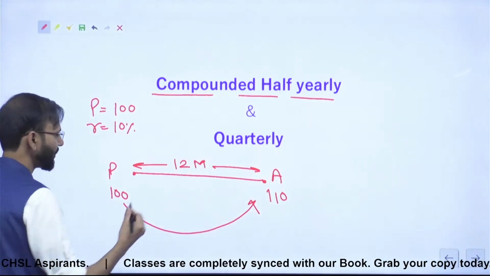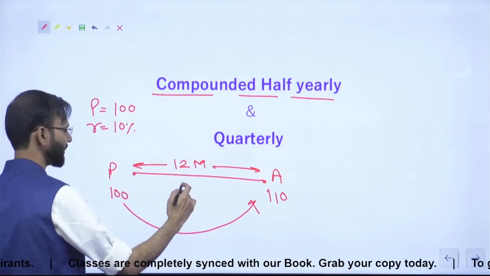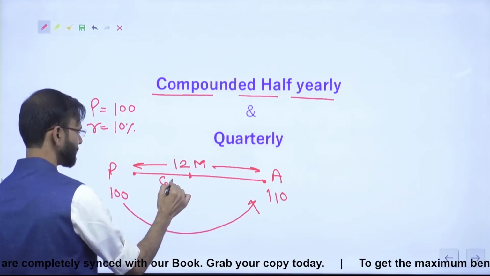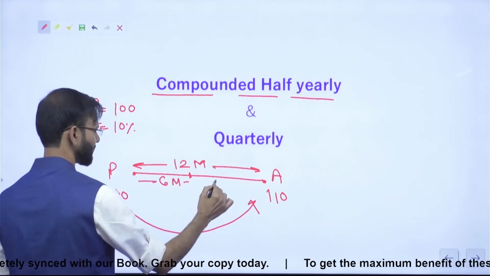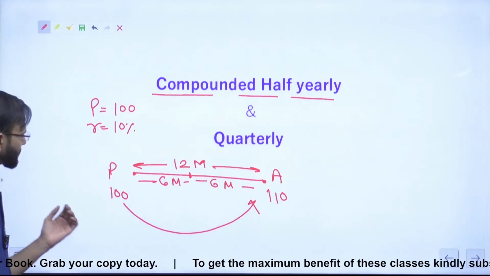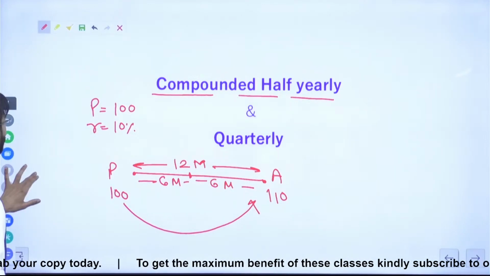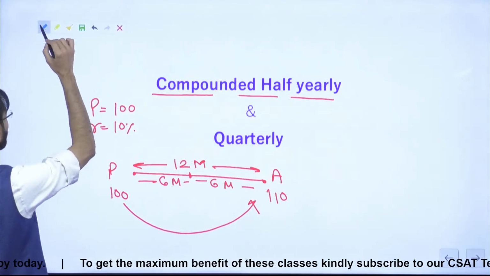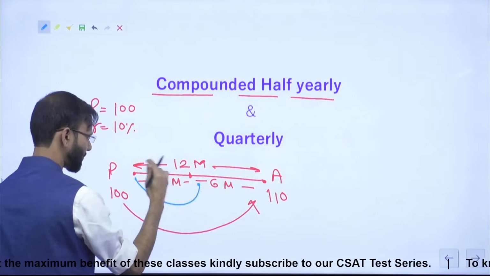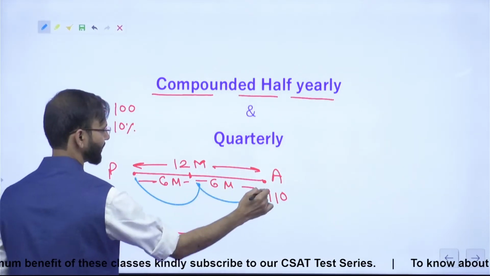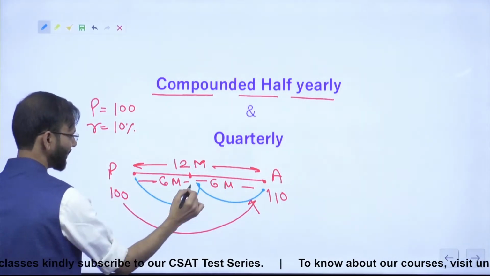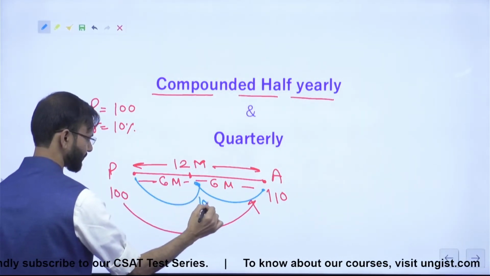But when the compounding is being done half yearly, we can divide these 12 months into 2 half years of 6 months each. Getting it? So the compounding takes the shape like this. First compounding will be done here and then it will be done here. If you have deposited 100 rupees here, then it will become 105 here.